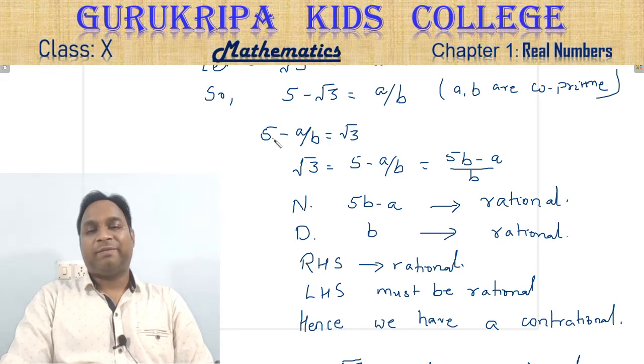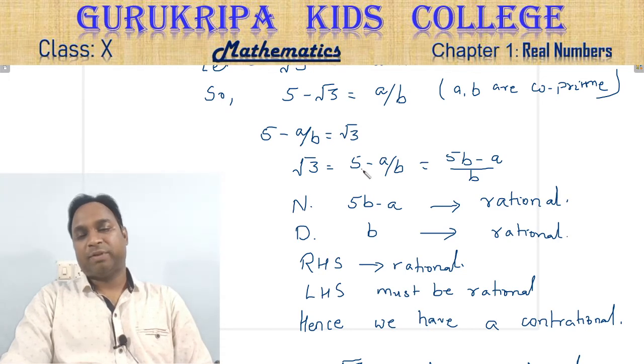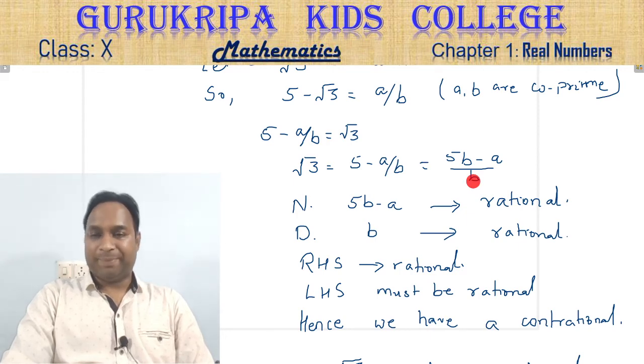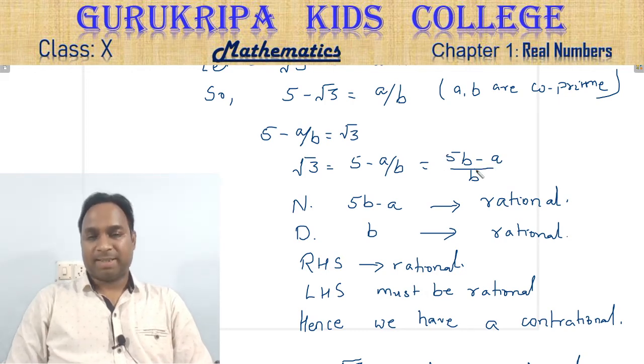That means 5 minus a divided by b is equal to square root 3. Very simple. Now let us simplify it. Square root 3 is equal to 5 minus a by b. Let's take the LCM. The LCM is b, so the numerator becomes 5b minus a and the denominator is b.